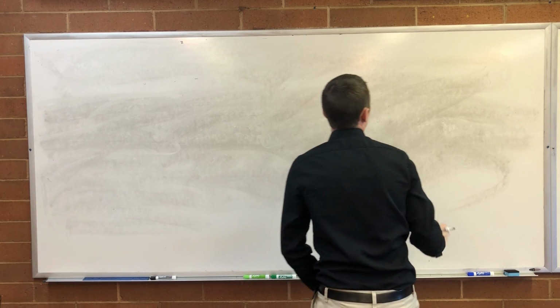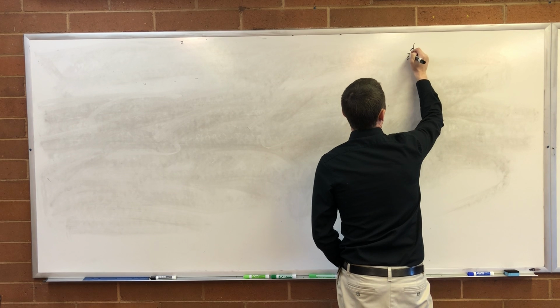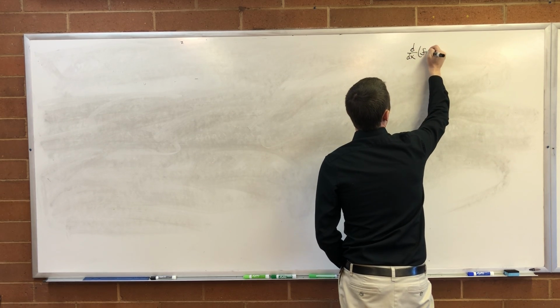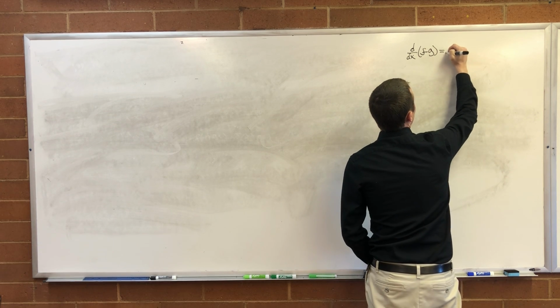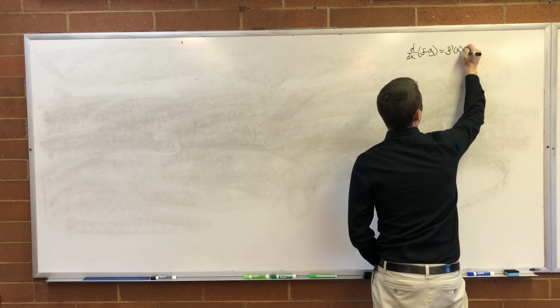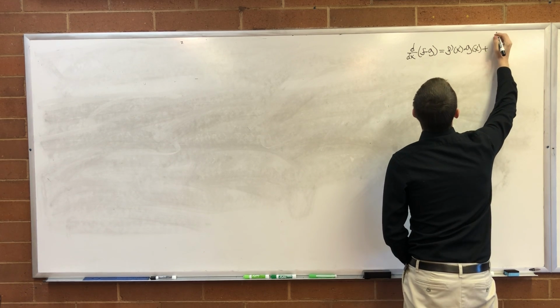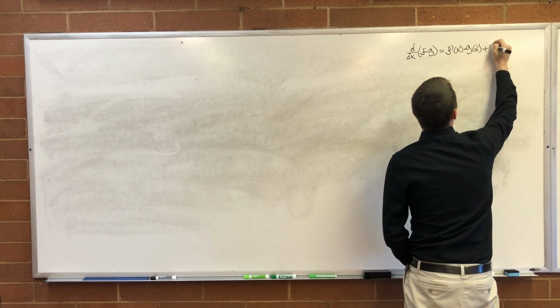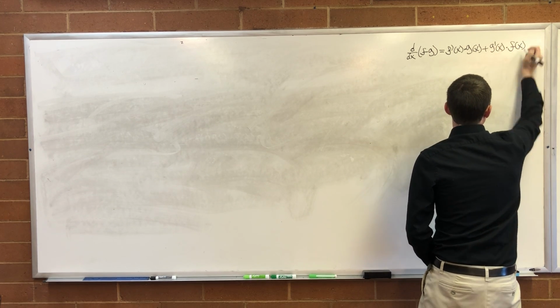So maybe to help us keep track, the derivative with respect to x of f times g was equal to f prime of x times g of x plus g prime of x times f of x.